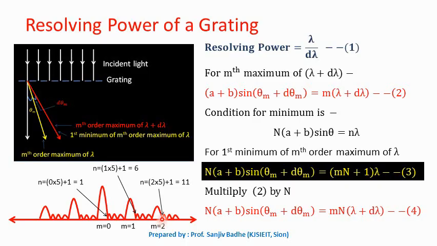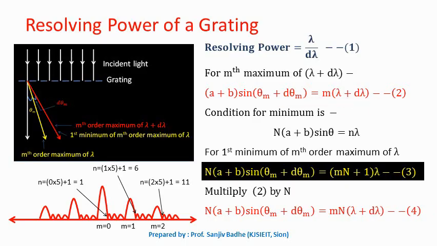This is the first minimum of the second order maximum. Count the order of this: 1, 2, 3, 4, 5, 6, 7, 8, 9, 10, 11. So 2 into 5 plus 1, that is equal to 11. So we can generalize this relation as mN plus 1. Therefore for the first minimum of the mth order maximum, we can write this n to be equal to mN plus 1.